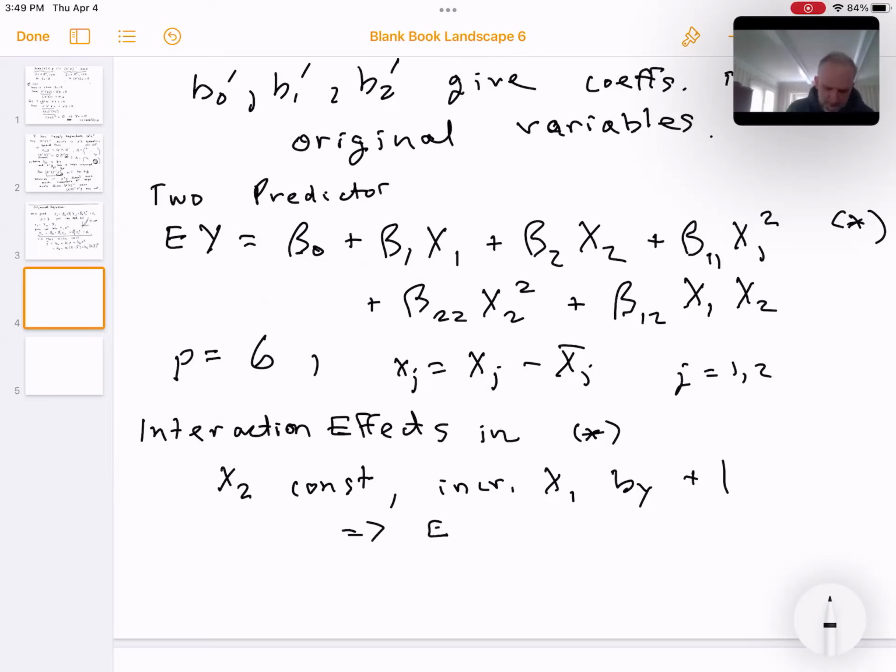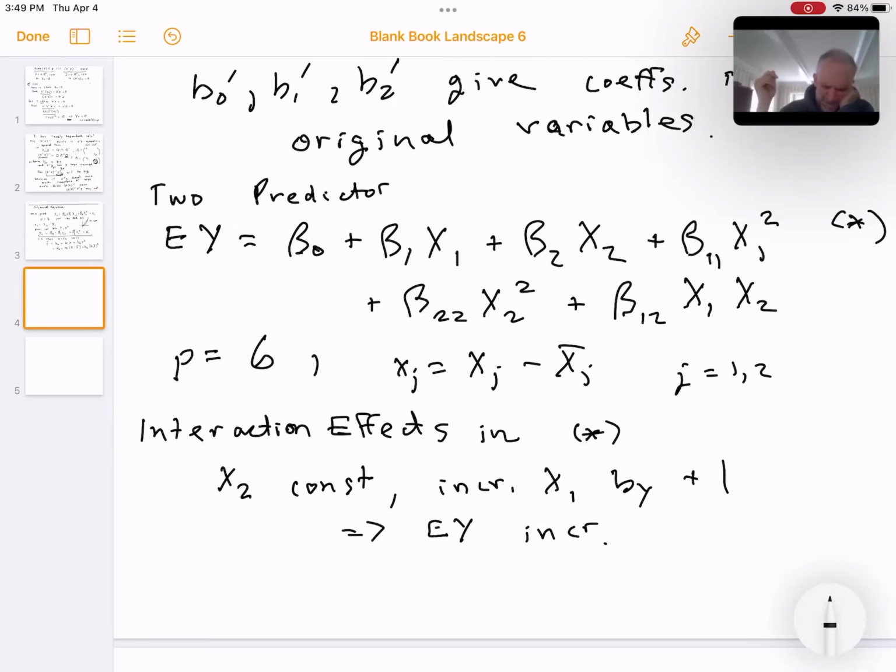EY does what? I'll say EY just to buy time. EY increases by, and by increase, I mean changes, or I'm going to say increase, but it could be a minus amount too.